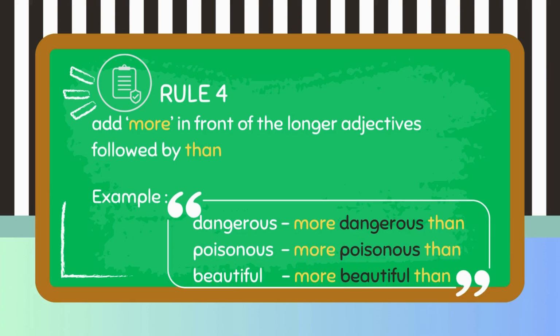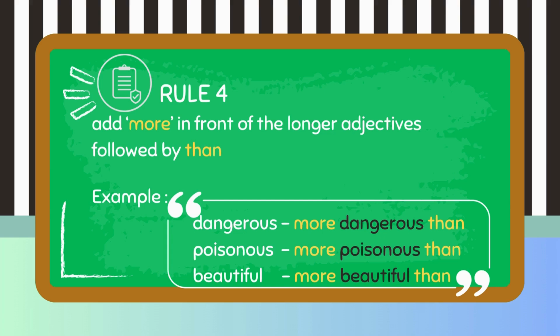And our final rule, rule number 4, is for longer adjectives, where we add more in front of the adjective and followed by the word than. There are 3 examples here. We have the word dangerous, which has more than 2 syllable sounds.